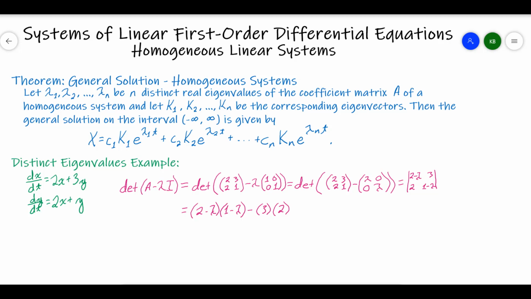And when I multiply this out, I'm going to get lambda squared minus 3 lambda minus 4 after I multiply it out and combine like terms and rearrange it a little bit. And we're interested in when this determinant is equal to 0.